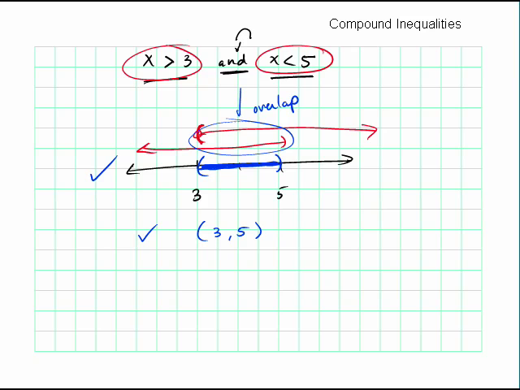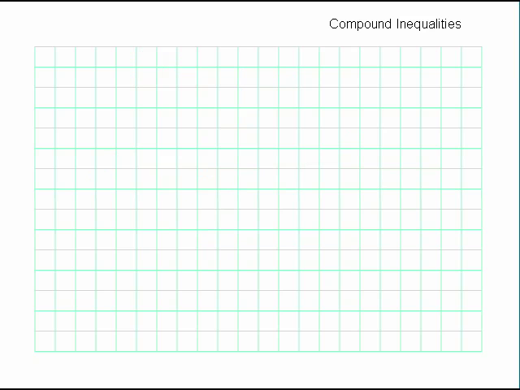Here's another one. x is less than 3, and x is greater than negative 1. Now let's put some equal signs here. Okay, I've drawn a number line. Let's see, negative 1, 0, 1, 2, 3.